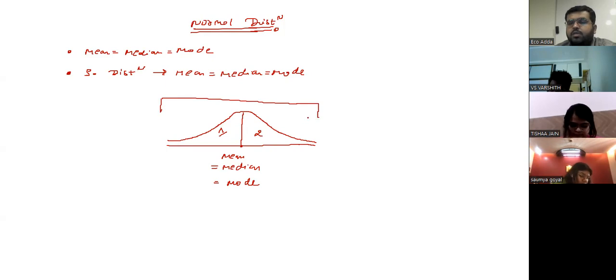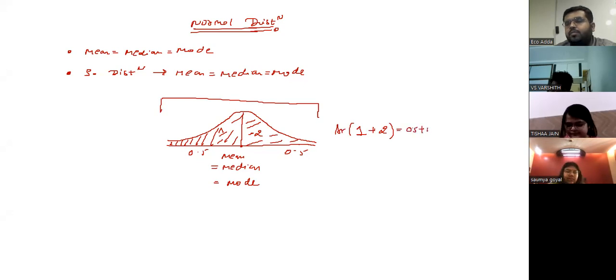Since total area is equals to 1, what is the area of only area 1? Can we say 0.5? And what is the area of only area 2? Again, can we say 0.5? And if we add area 1 and area 2, I'll get 0.5 plus 0.5, which is equals to 1. Does that make sense?